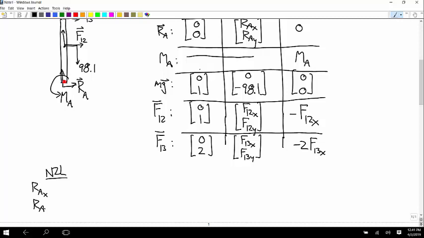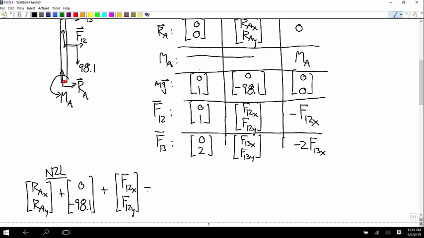So RAX, RAY plus 0, -98.1 plus F12X, F12Y plus F13X, F13Y is equal to zeros.